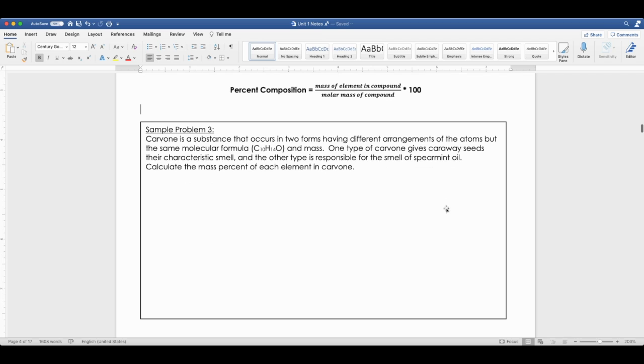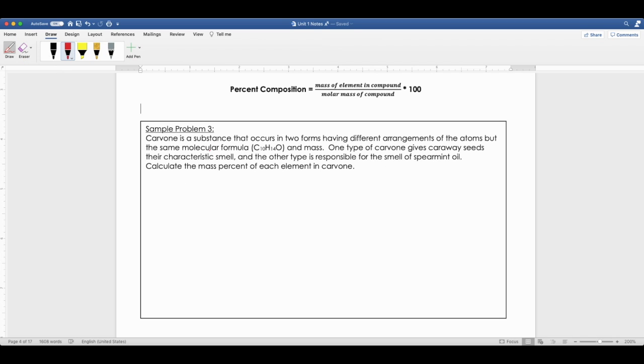So I think it's easier to actually do these than it is to talk about how to do them. So let's go ahead and try sample problem 3 together. Let's get our draw function back out here. So it says carvone is a substance that occurs in two forms having different arrangements of the atoms, but they have the same molecular formula and mass. One type of carvone gives caraway seeds their characteristic smell, and the other type is responsible for the smell of spearmint oil.